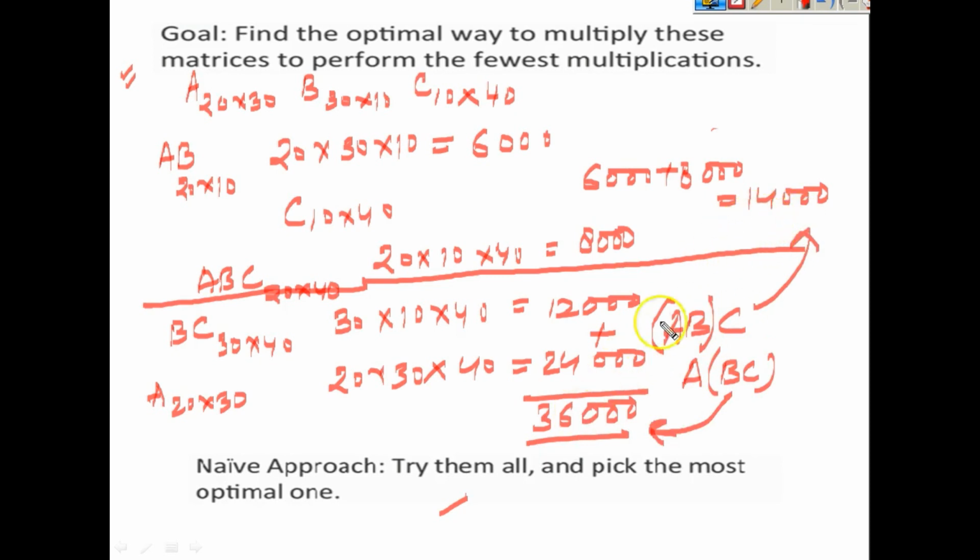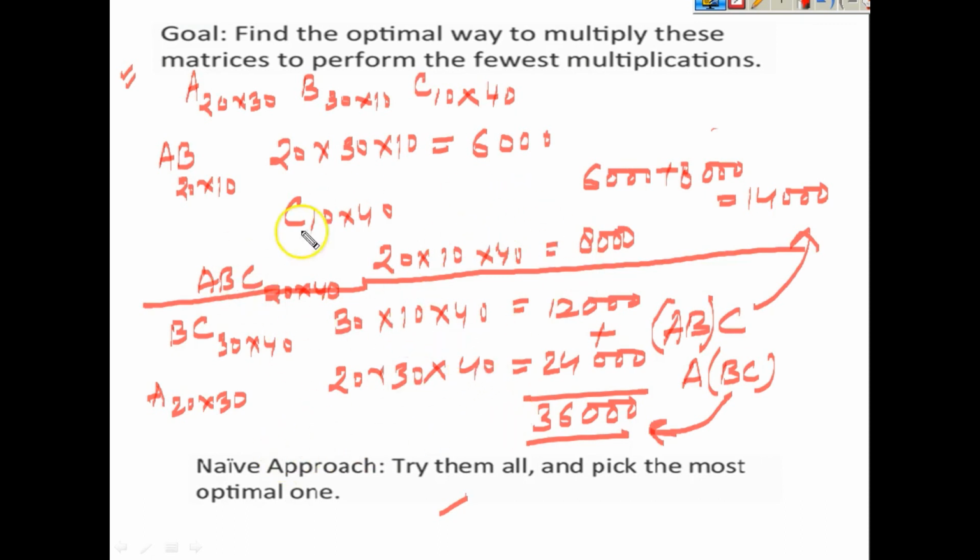More than double the multiplications are required. That means it is very important to identify the correct order to reduce the number of multiplications, which is the basic component of the running time. So using dynamic programming we can find the optimal subsequence to get the optimal answer.